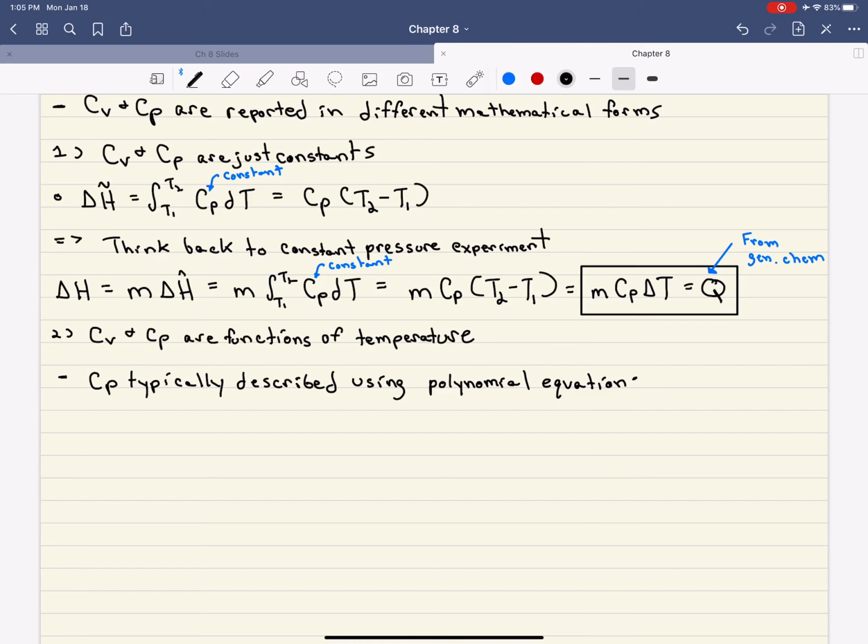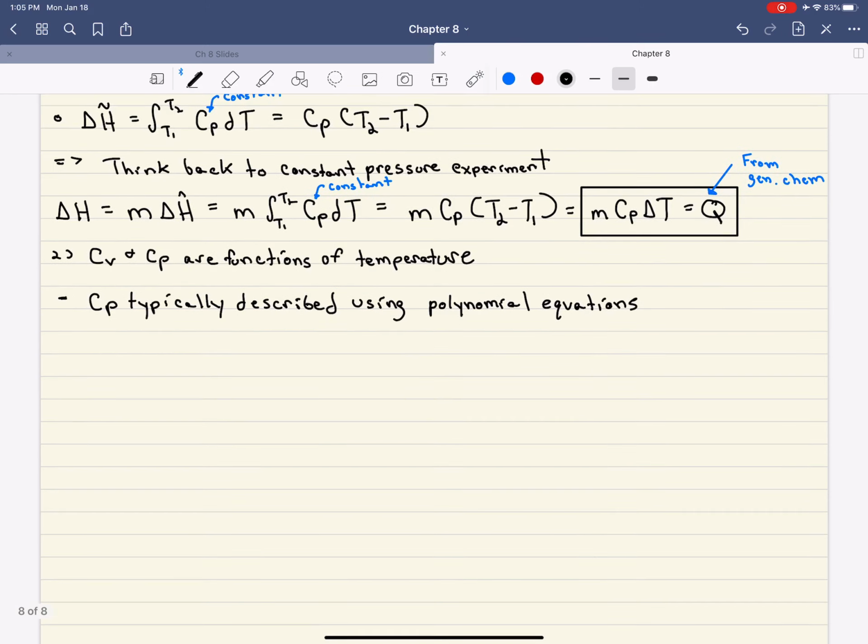Your heat capacity will take on two common forms, where Cp is equal to lowercase a plus bT plus cT squared plus dT cubed, where all these letters are constants.